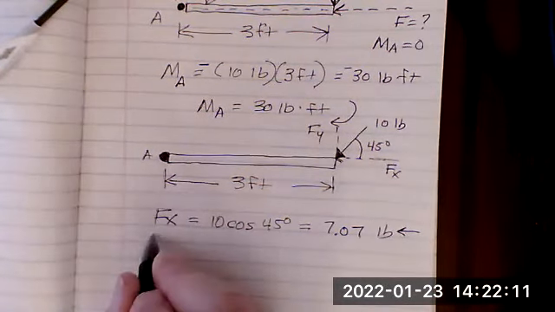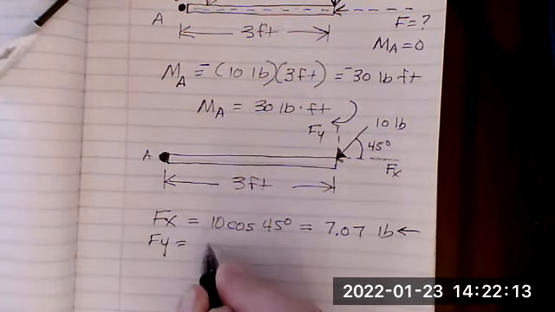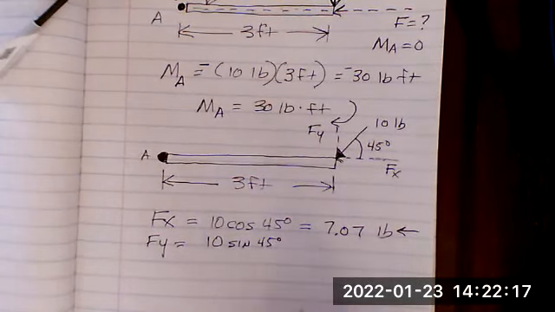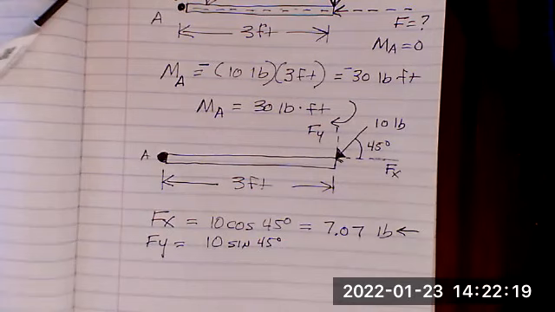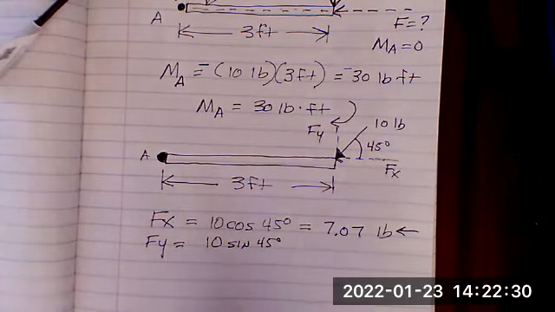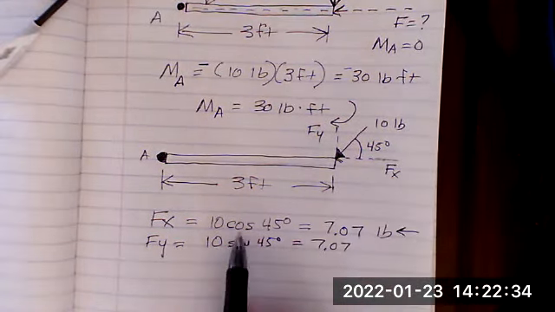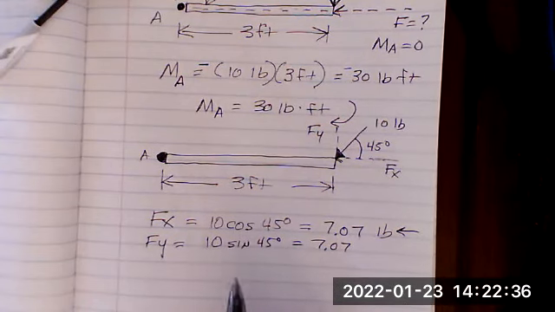Now F of y equals 10 sine 45 degrees, right? So 45 sine is the same as the cosine of 45 times 10. These should be the same, right? Because 45 degrees is the only angle where the cosine and the sine are going to give you the same result.